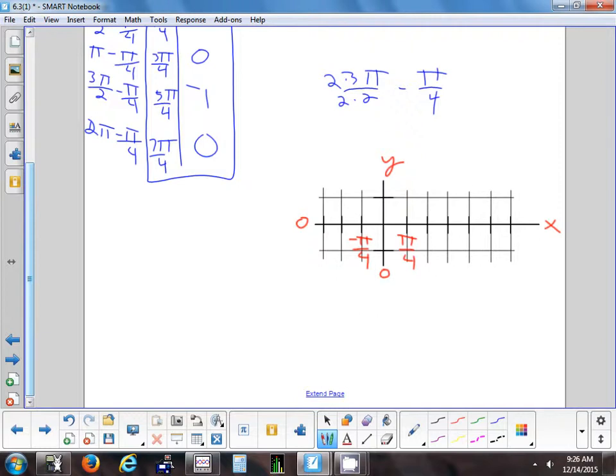Nope, 3 pi over 4 is bigger than pi over 4, so it is going to be to the right of it. But the third line. This is 45, this is 135, if you want to think of it in degrees. So where would 3 pi over 4 go? On the third line, right.